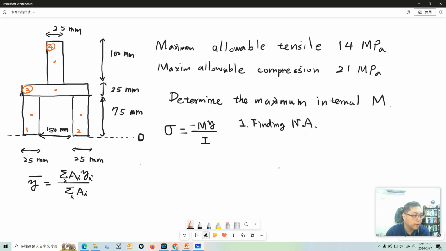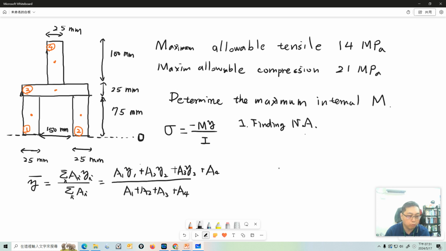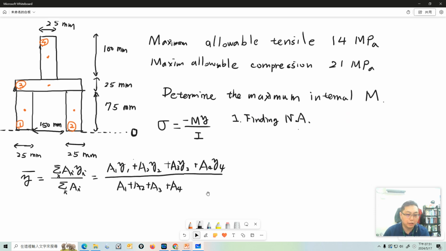So we have four different sections: the denominator is A1 plus A2 plus A3 plus A4, and the numerator is A1 Y1 plus A2 Y2 plus A3 Y3 plus A4 Y4. Let's find each term.